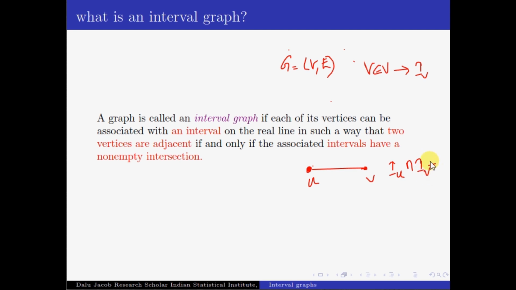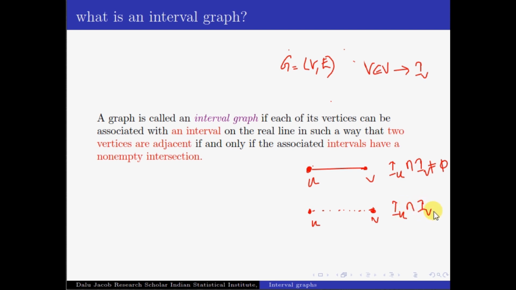Similarly, if two vertices u and v in G are not joined by an edge, that is, whenever they are non-adjacent, the interval I_u and the interval I_v must be disjoint.